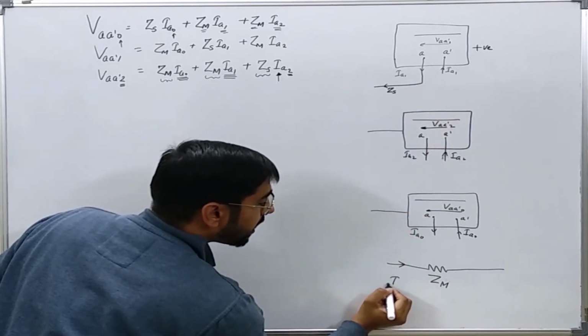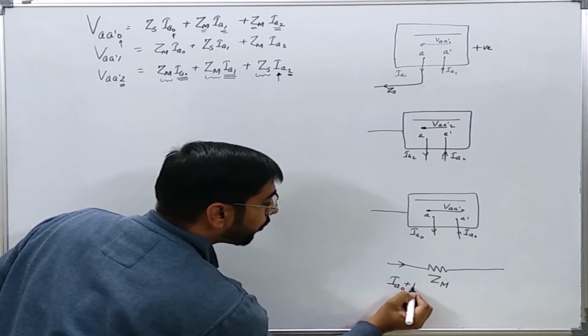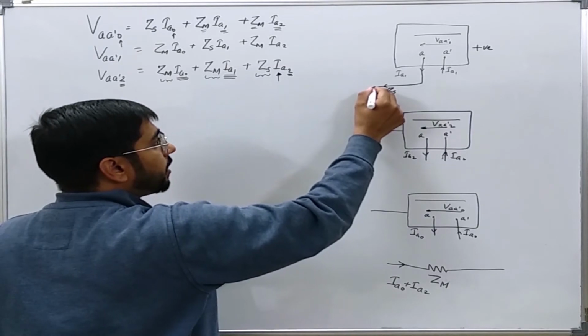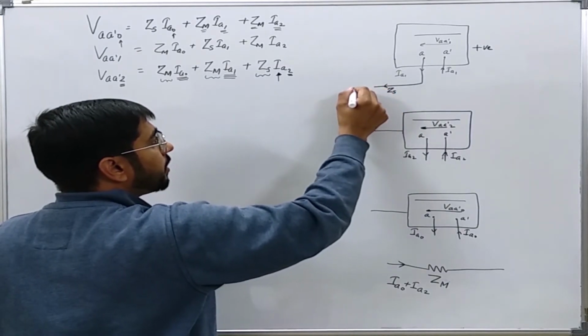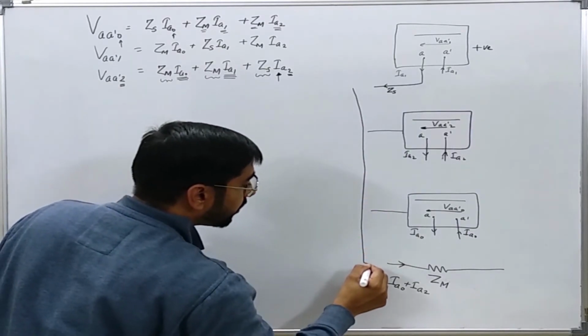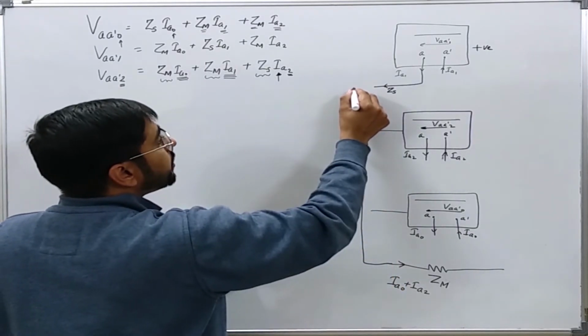Let us say IA0 and IA2 are flowing in this, and I take these in parallel.